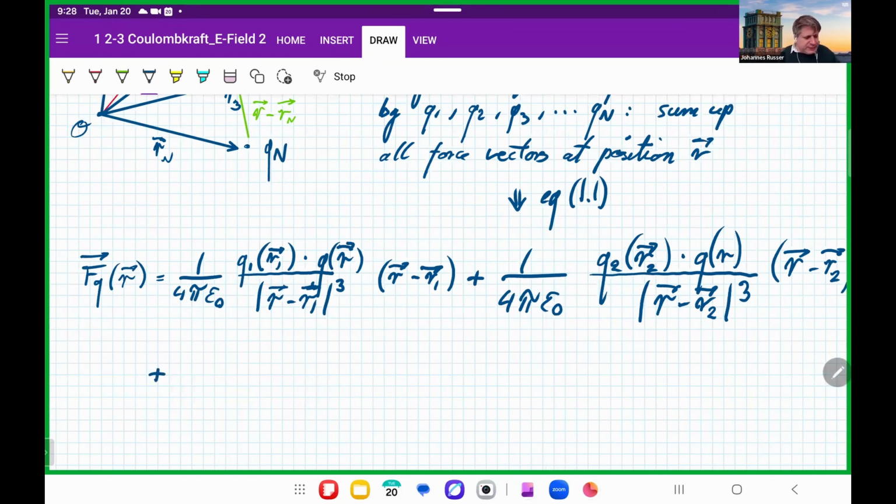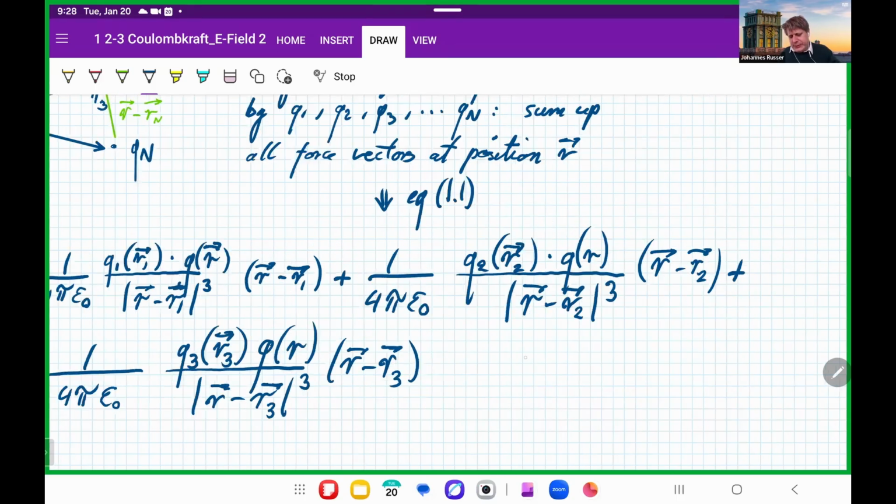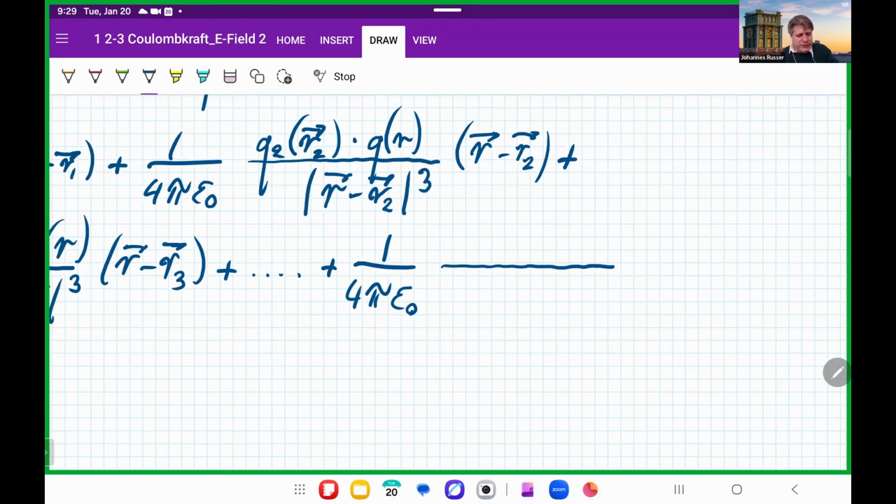So now let's do the third charge. Let's see if it will be possible to make the notation a little bit simpler. That's our third charge located at R3 with the test charge Q, R minus R3. Now this keeps going until we reach the nth charge, and there we apply Coulomb's law in the same way.